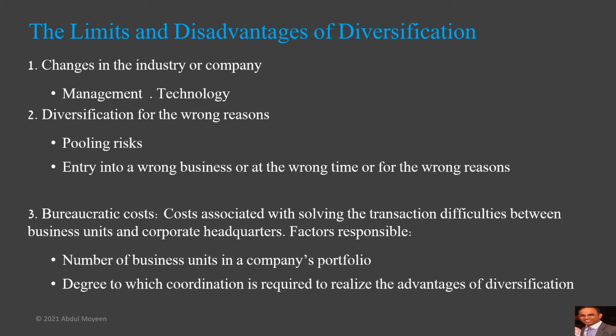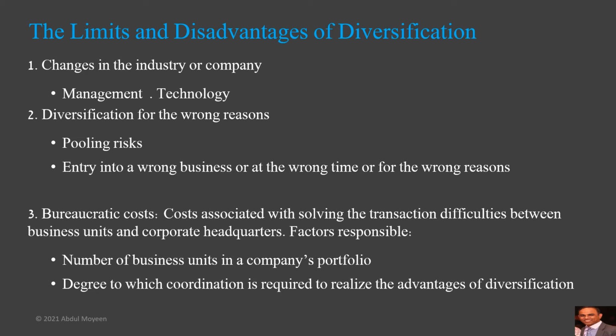They also include costs associated with using general organizational competencies to solve managerial and functional inefficiency. The level of bureaucratic cost in a diversified organization is a function of two factors. First, the number of business units in a company's portfolio. If we have many more companies, coordination and transaction difficulties would be more complex, so the bureaucratic cost would be high.